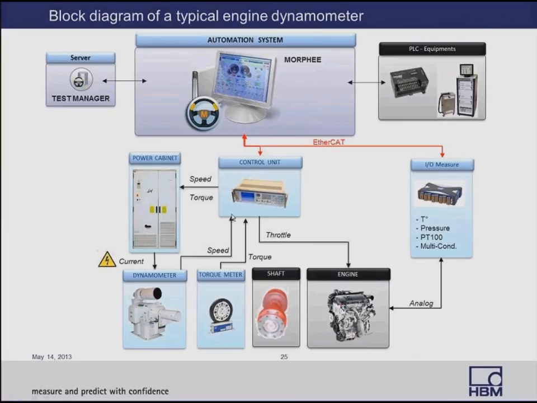Once we decide which of those three we're going to control, the power cabinet is going to turn the speed and torque signals into current to apply to the dynamometer in order to produce torque from the engine. If the engine is producing torque, then the dynamometer will get the current from the engine, and the power cabinet will be smart enough to push that current to the grid.